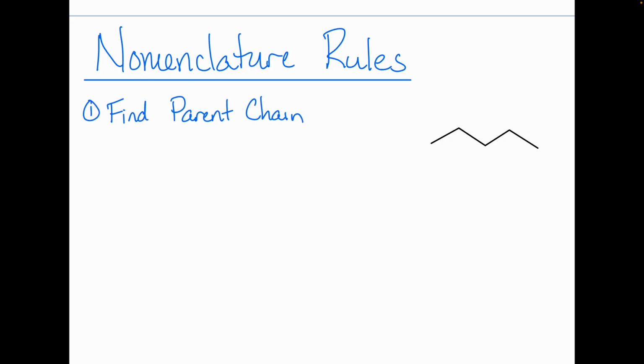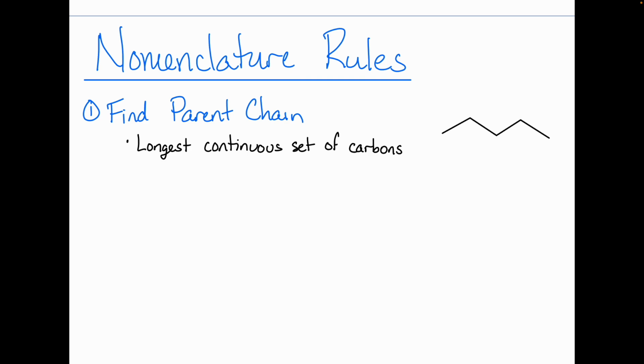All right, a parent chain in an organic molecule is the longest continuous set of carbons. So our parent chain in this very simple straight chain alkane here is just our 5 carbons.